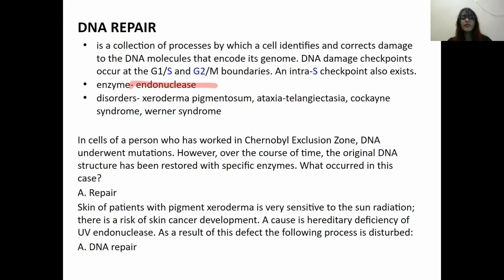And if they had asked which enzyme was responsible for the restoration of the original DNA structure, that would be endonuclease. Next, the most common, Xeroderma pigmentosum, and they have already mentioned the hereditary deficiency of endonuclease, and the process disturbed is DNA repair.